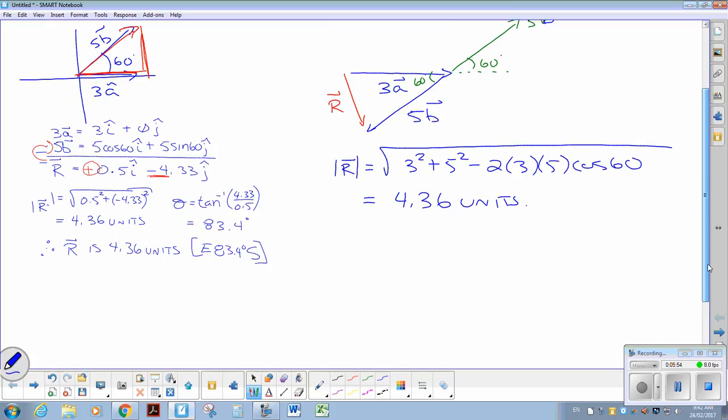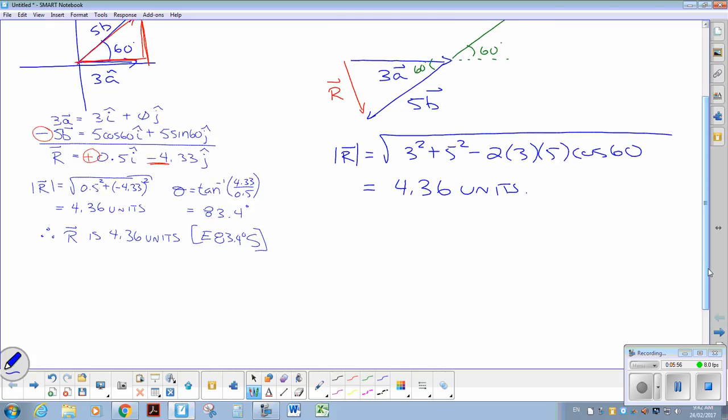Now, using the geometric method, you're going to use sine law, and the theta I'm looking for is at the tail of the resultant. So this is what I'm looking for. Sine theta over 5 equals sine 60 over 3.